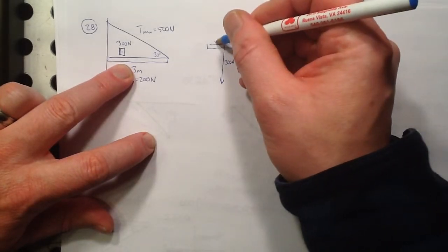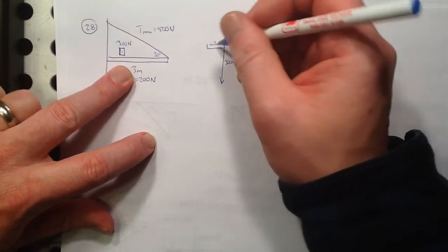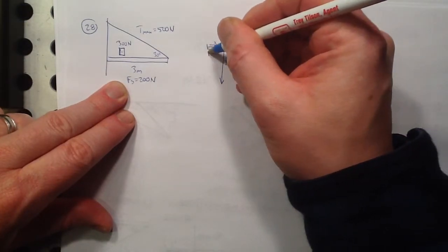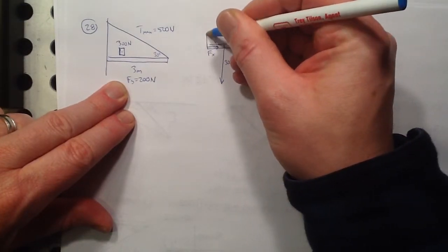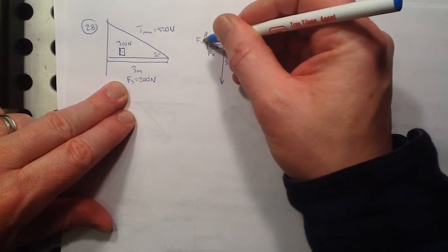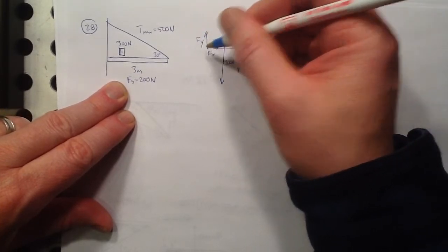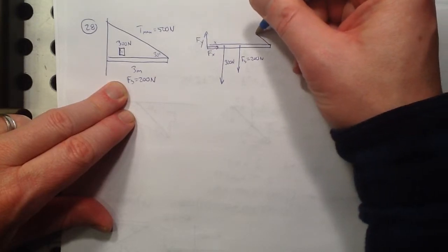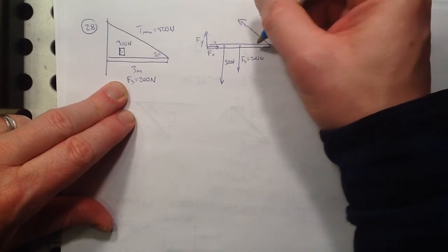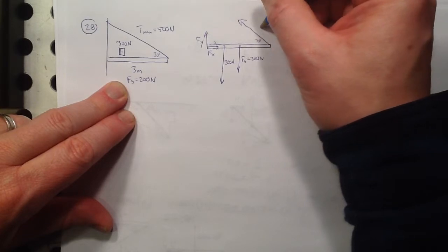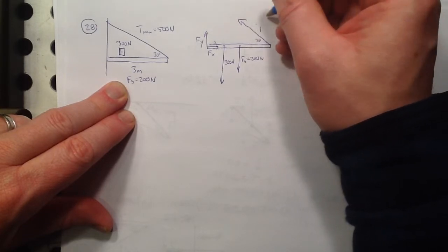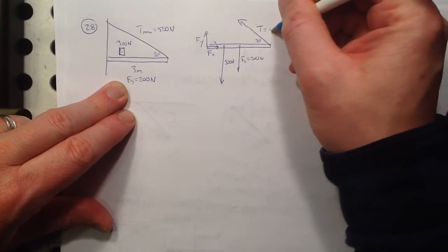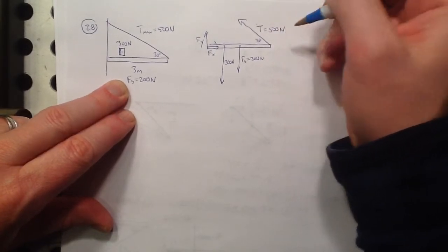And I don't know that distance. That's just a distance x, unknown. And of course I have my Fx and my Fy, the components of the hinge force, and then I have the tension here, which is at 30 degrees. We're maxing things out here, so I know that that tension force is equal to 500 newtons.